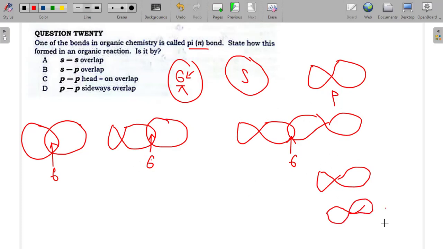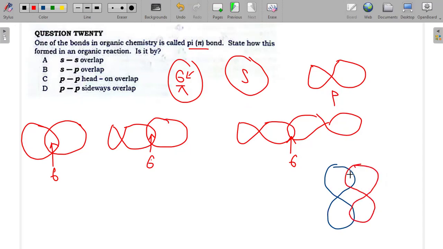And then the pi bond is only formed if there's a side-to-side overlap of the p orbitals. So this is a p orbital, this is a p orbital. And when there is an overlap side to side, let me draw it properly here. The overlap has to be in this form. Oh, I'm bad at drawing.